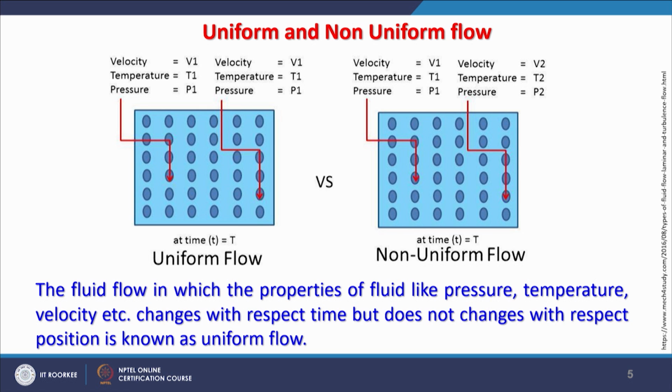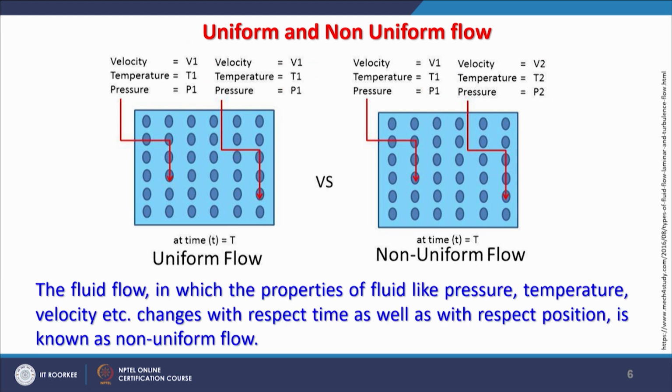There, with respect to position, it was changing, so that was the unsteady flow. In non-uniform it changes. Again, here these values are changing, whereas in uniform flow these values remain the same, there is no change whatsoever. The fluid flow, or the water in our case, whose properties like pressure change with time as well as with position, is known as non-uniform.